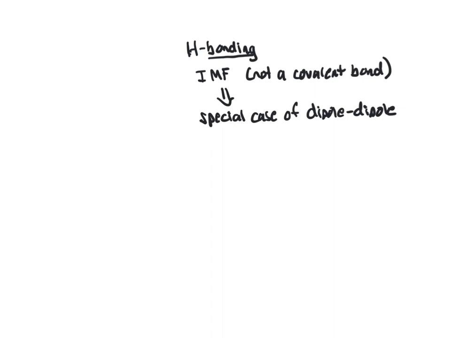So let's see how this works. If I have a hydrogen atom that is bonded to an oxygen, nitrogen, or fluorine, these are the only types of hydrogens that can participate in hydrogen bonds.